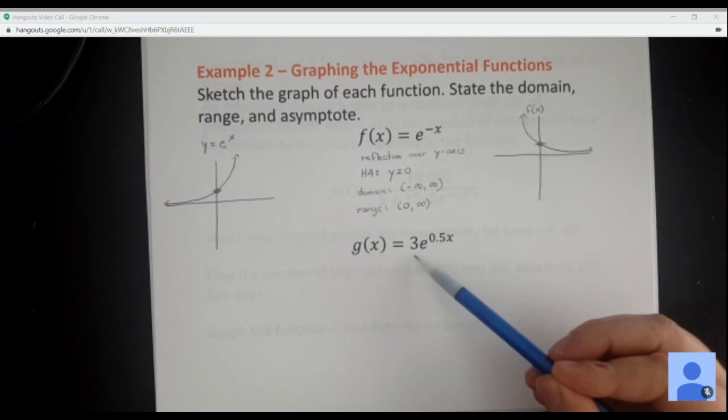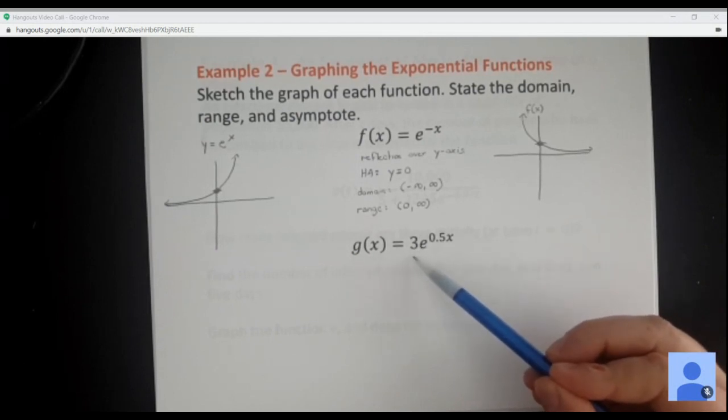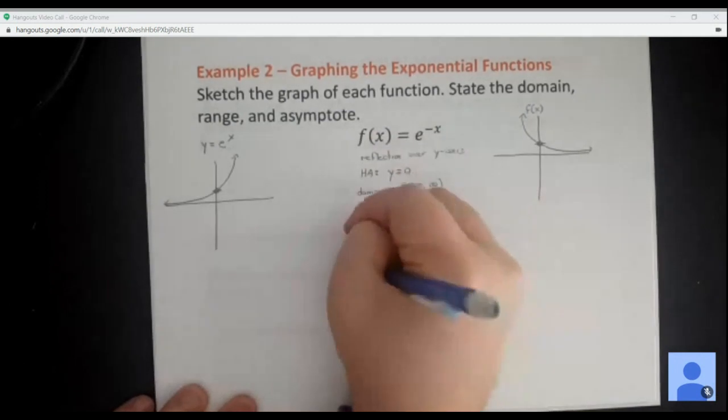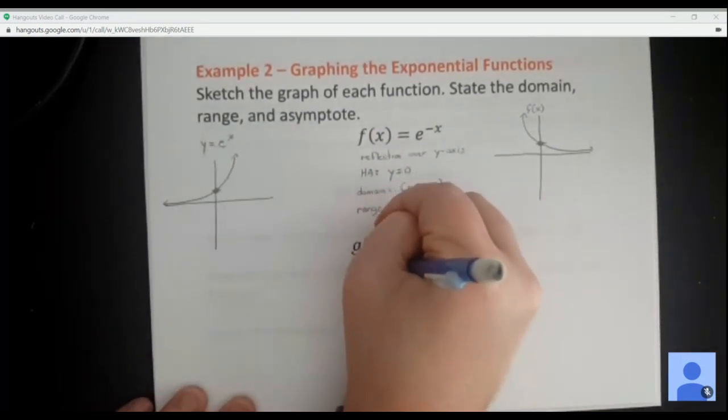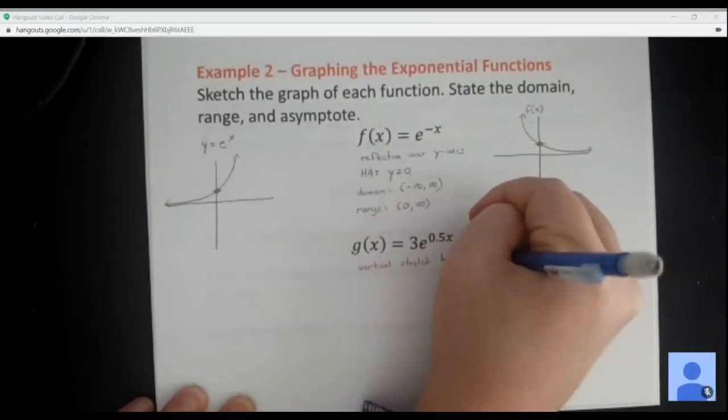What's the 3 going to do to our graph? Okay, good. So it does become the y-intercept in this case, right? Because the 3 in general is going to do what to the graph? Stretch it. Stretch it how? Good, vertically. So we have a vertical stretch by a factor of 3.